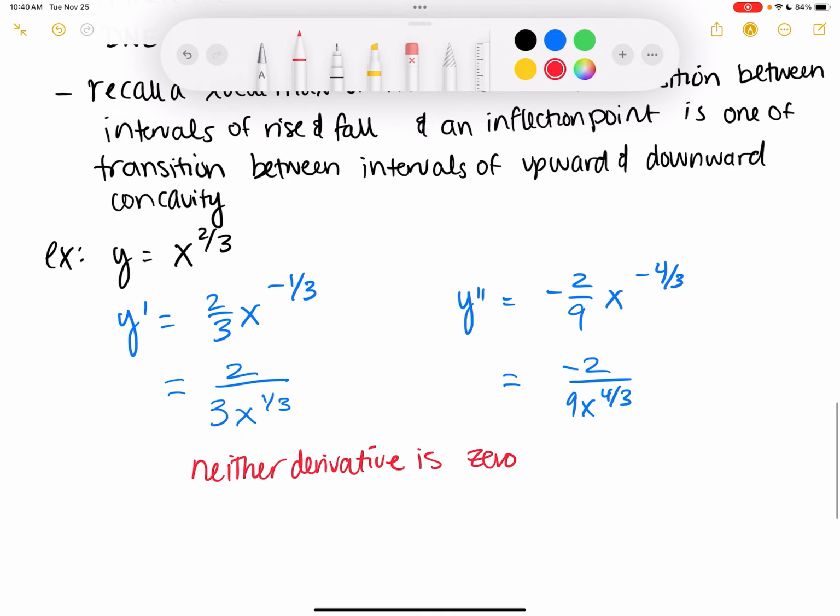Because both of those situations would cause a problem. So both derivatives fail to exist when x equals 0.